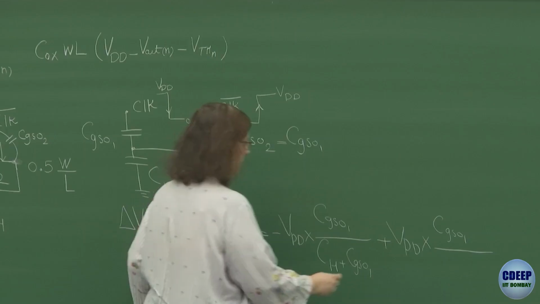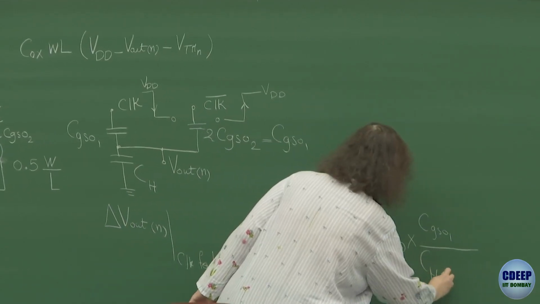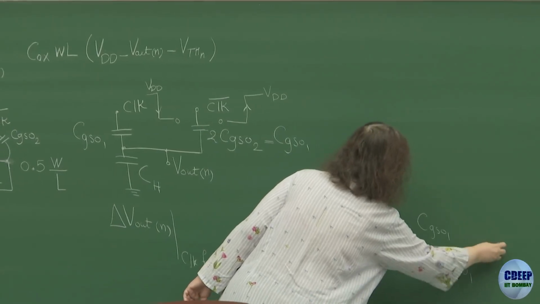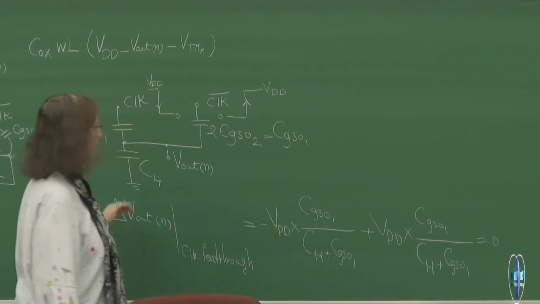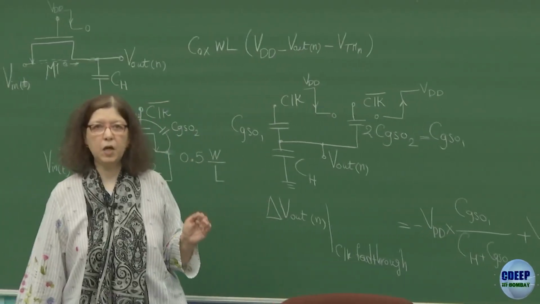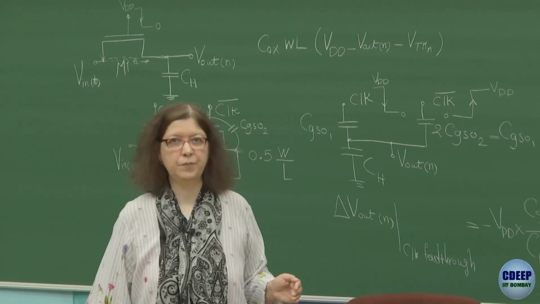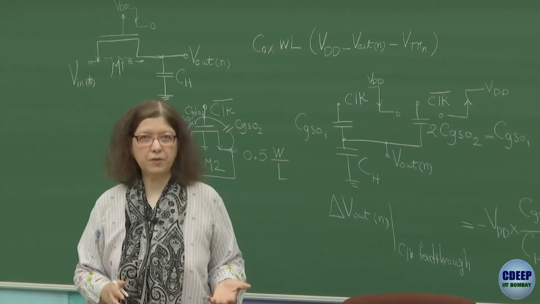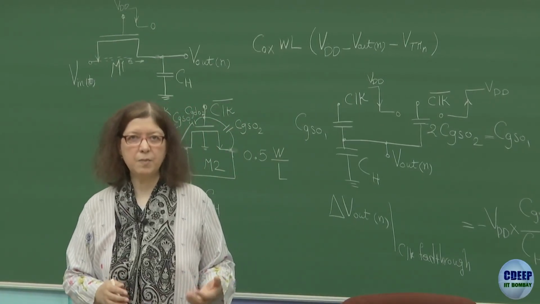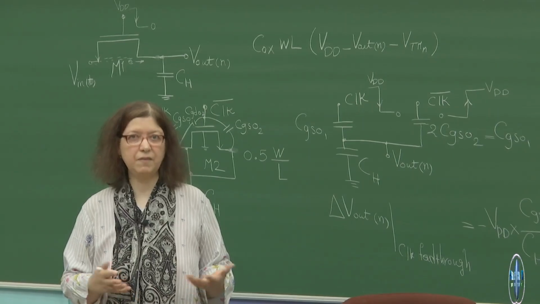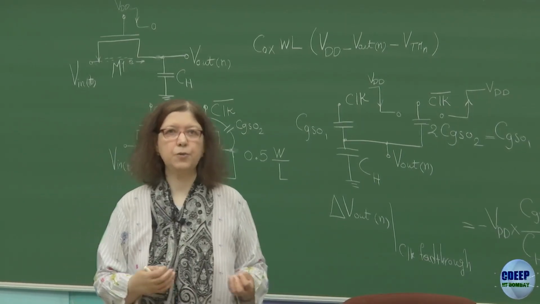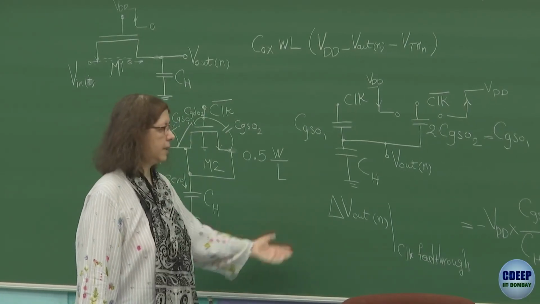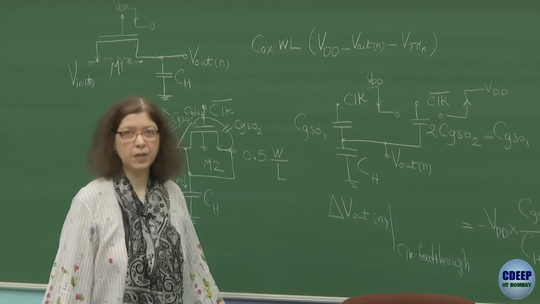Only the polarity is different. So therefore, the net change will be 0. That means that if we assume half of the charge will be transferred during the charge injection due to turning off the channel, a similar effect, or positive effect, eventually helps to reduce the effect of clock feed-through. Ideally, there will be no effect of clock feed-through.